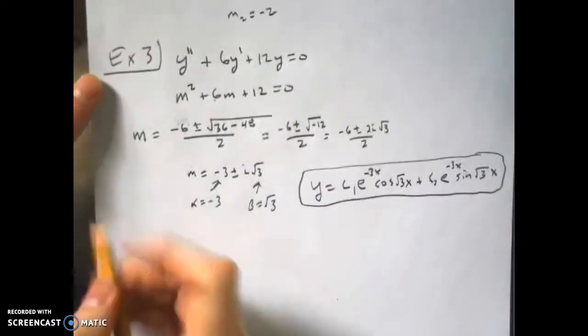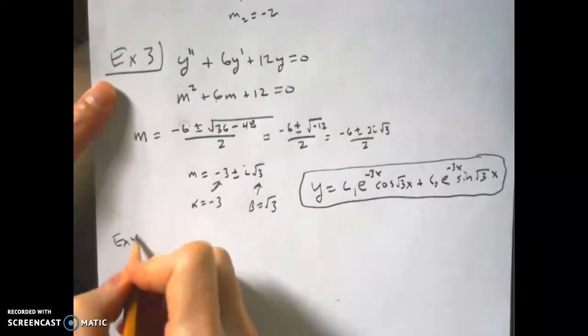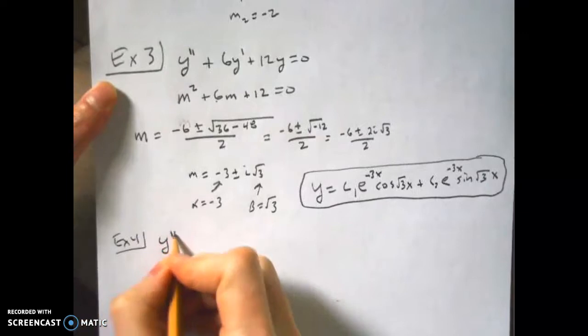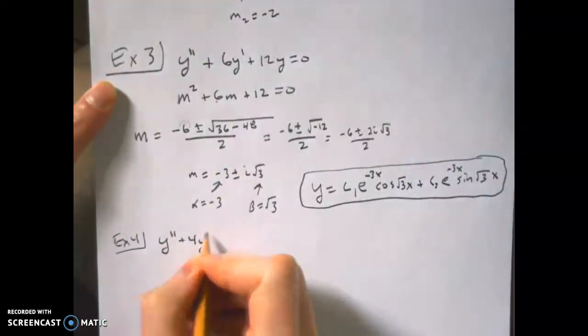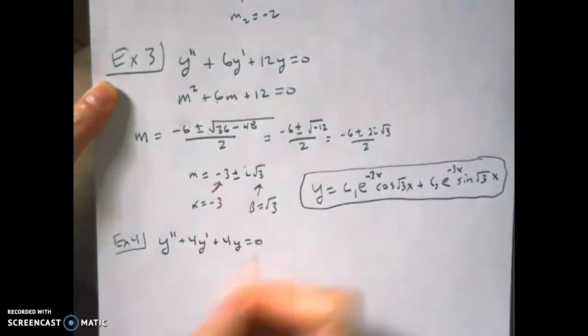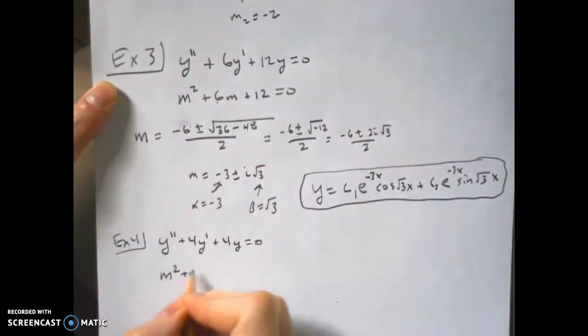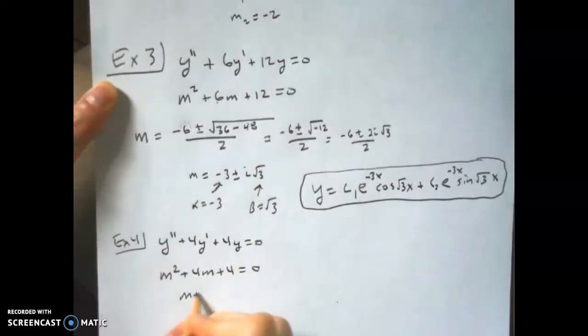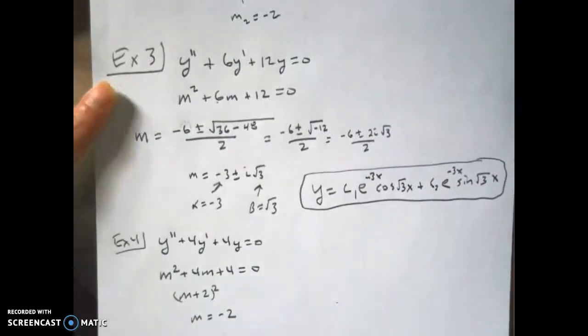And we're going to go over example 4, which is y double prime plus 4y prime plus 4y equal to 0. The characteristic equation, m squared plus 4m plus 4 equals 0. So you get m plus 2 quantity squared. M is going to equal negative 2, which is non-distinct.